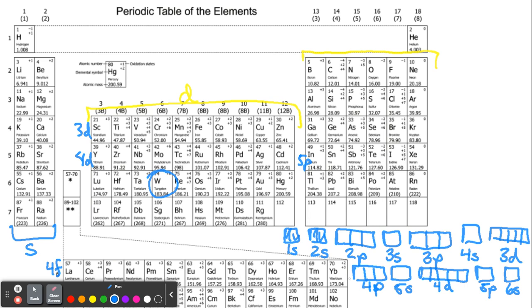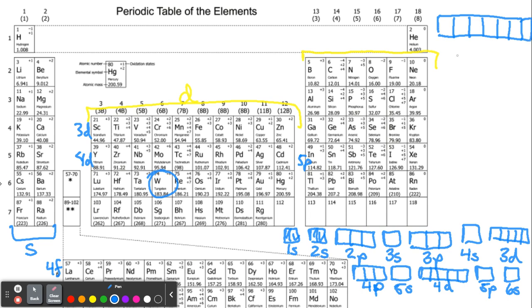So 4f has 1, 2, 3, 4, 5, 6, 7, 8, 9, 10, 11, 12, 13, 14 elements in it, which means it needs space for 14 electrons, which means there should be 7 orbitals. 1, 2, 3, 4, 5, 6, 7.